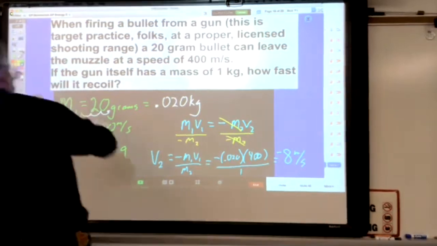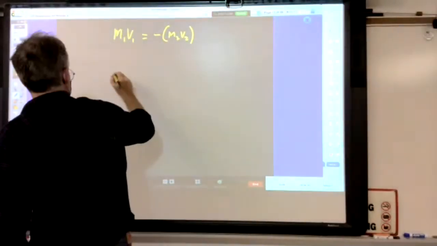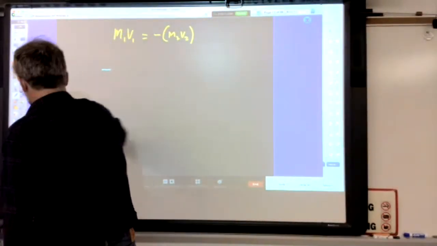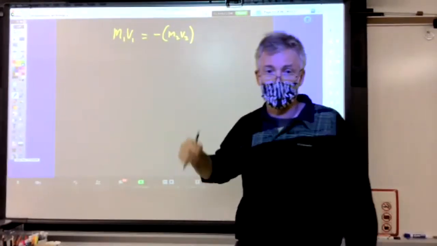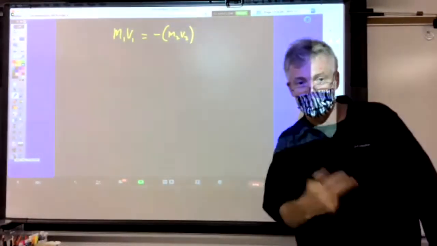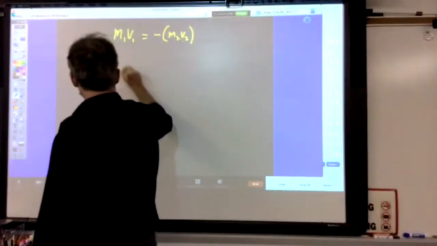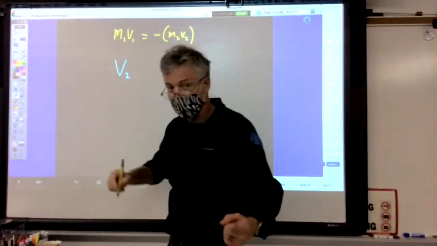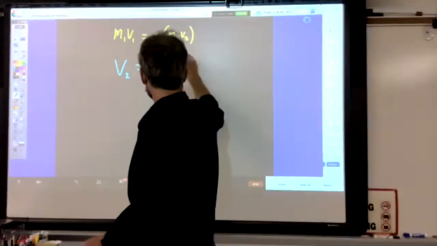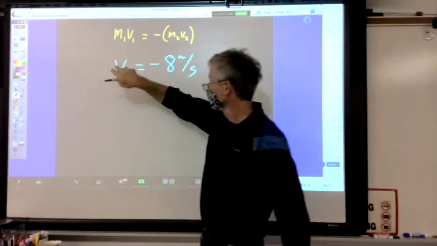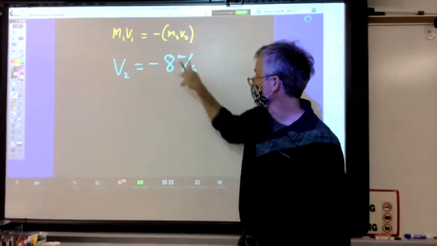The final answer should be written in the proper format that I keep asking you to, the variable equals quantity unit. So the final velocity of the gun, V2, is equal to -8 meters per second. Variable equal quantity unit.